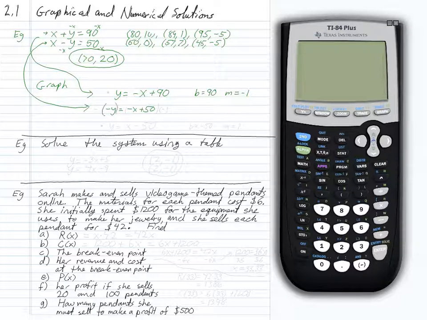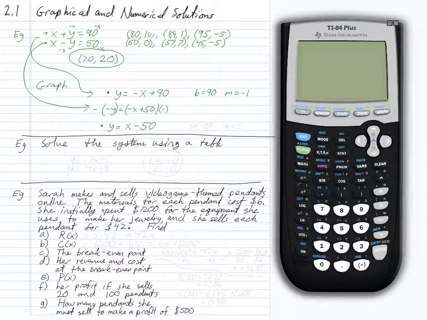If I multiply both sides by a negative, then I could write it as y equals x minus 50, as the negative distributes on the right-hand side, making the x positive and the 50 negative. So these are the two slope-intercept forms of the original equations of this system.